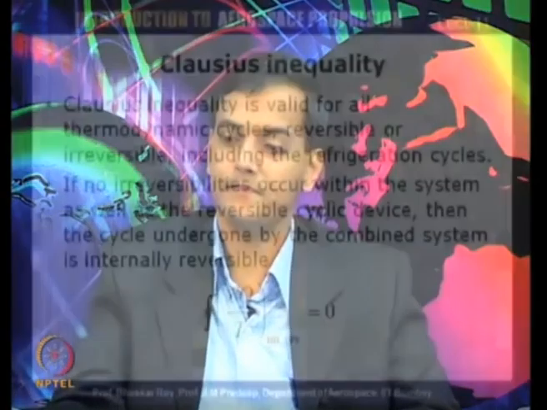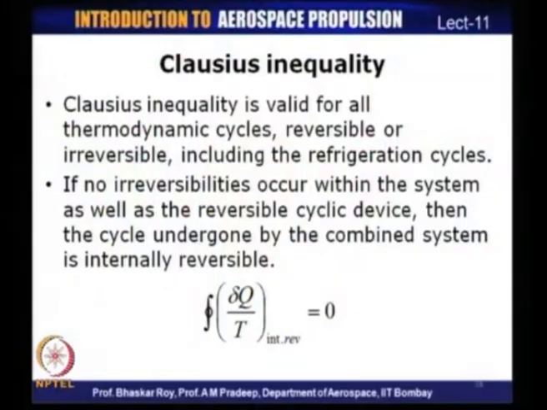And so, what is the consequence of the Clausius inequality? Basically, what we have seen is that the cyclic integral d Q by T less than or equal to 0 means that for a combined system example that we are looking at, the net work output obviously cannot be positive, because it is exchanging heat with just one reservoir, and as a consequence of the second law, we had to state that the cyclic integral of d Q by T should be less than or equal to 0.